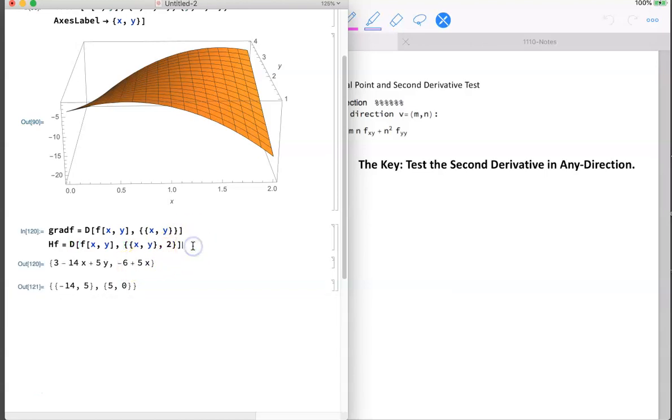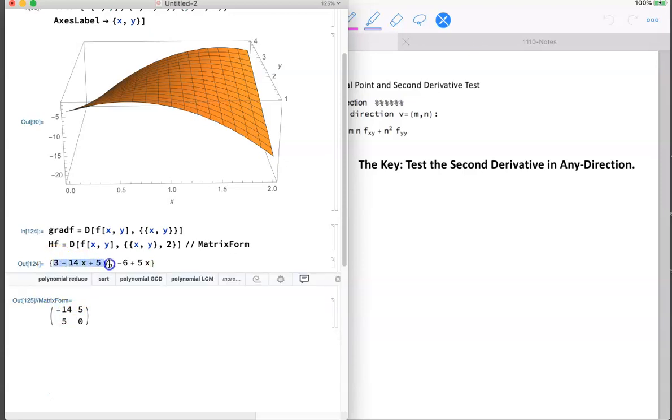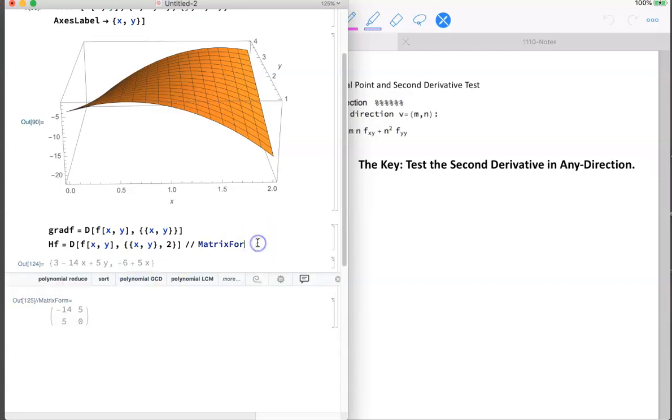And this is what we get in matrix form for the Hessian. So the partial with respect to this entry with respect to x is 14, the partial with respect to y is 5, and the partial with respect to x is equal to 5, partial with respect to y is equal to 0. So that's where the Hessian comes from.